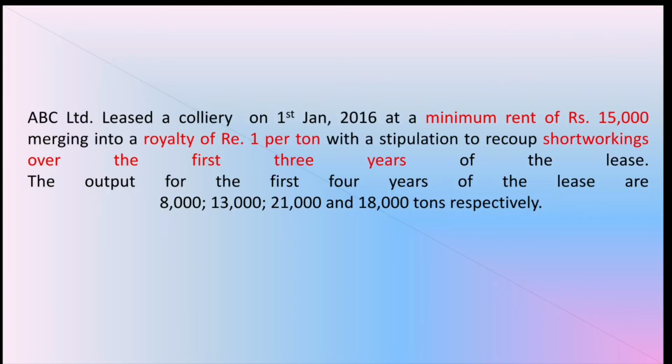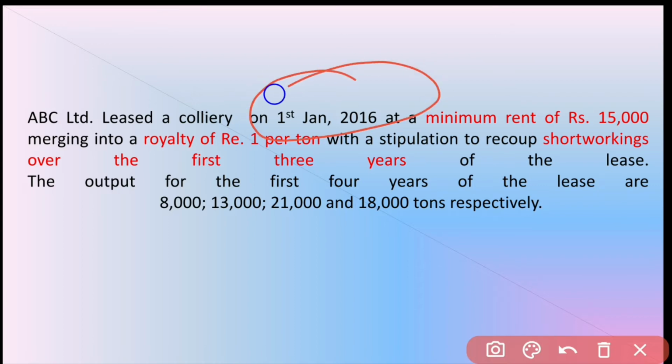Now here is an example of ABC Limited. It has leased on 1st of January 2016 at a minimum rent of 15,000, merging into a royalty of ₹1 per ton with stipulation to recoup short workings over the first 3 years.